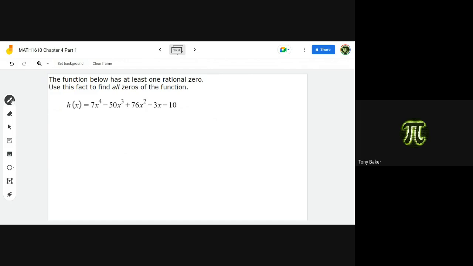All right, so step 1. Just look at the number there, because that's the one that's the p. That's the one on top, right? So the biggest and smallest factors of that is going to be plus or minus 10. Correct? So on my graph, I only need to make it look between plus or minus 10.